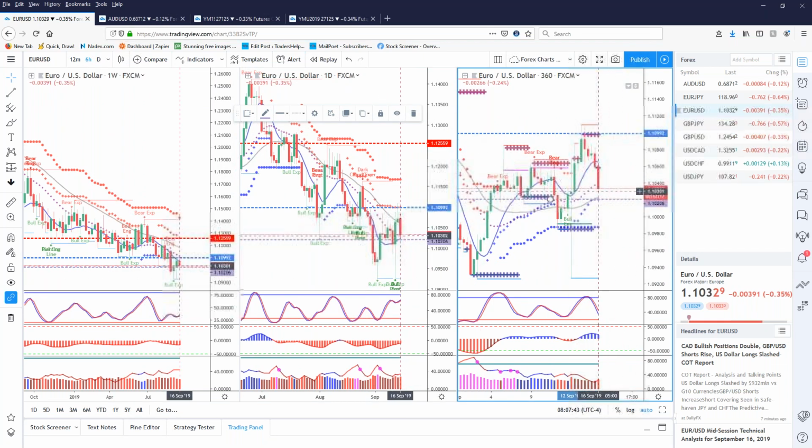But what you need to see is that support either forms here or they blow through it. Do y'all understand? This is a critical area, in my opinion, as to whether it holds or not. If it does not hold, then we could see a potential test of this area down here. Does everybody understand that?